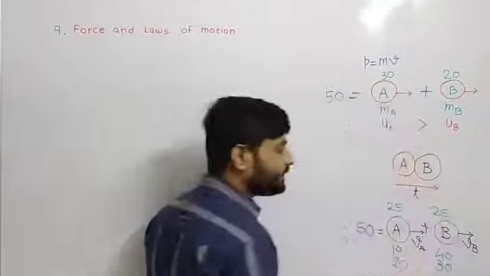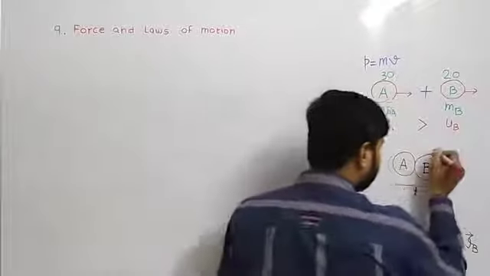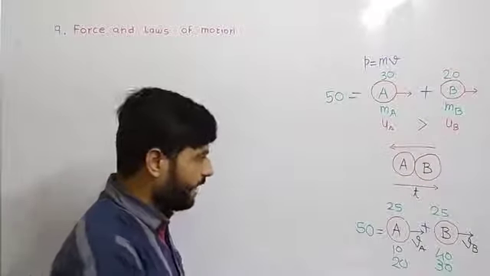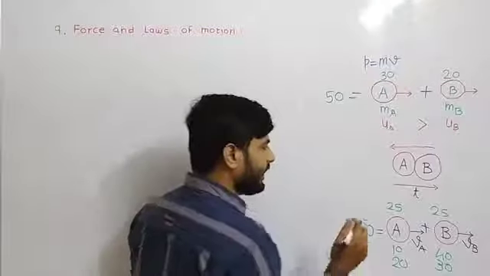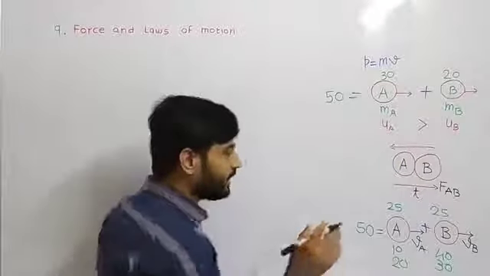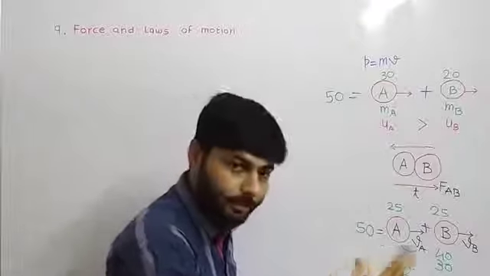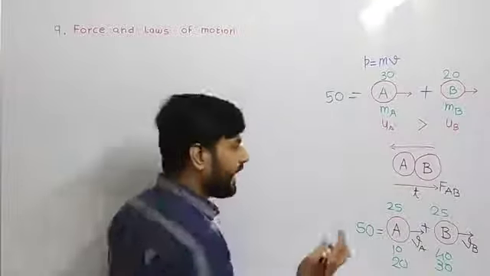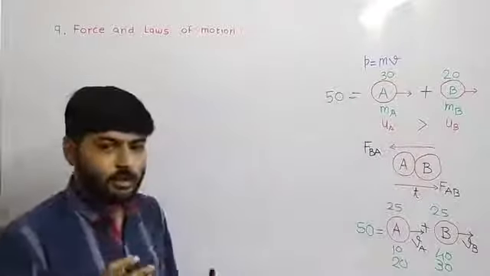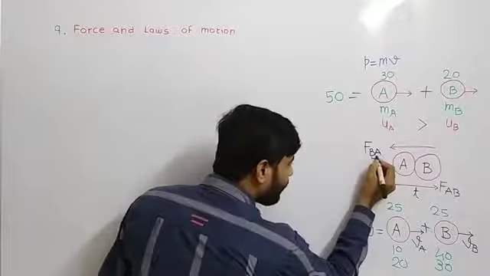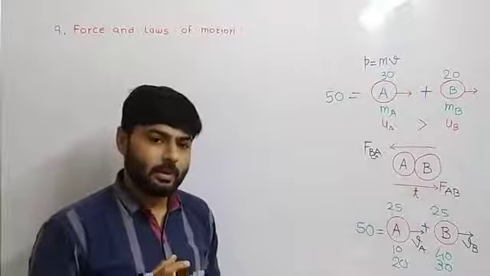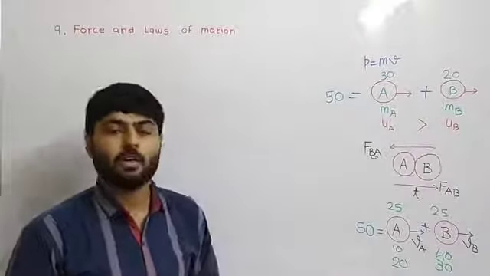Ball A exerts a force on B, and at the same time ball B exerts a force on A. So we have two forces, and I give the names FAB, that is force exerted by A on B, and FBA, that is force exerted by B on A. Why are these forces the same? Because we have learnt the third law now. And what did the third law say?